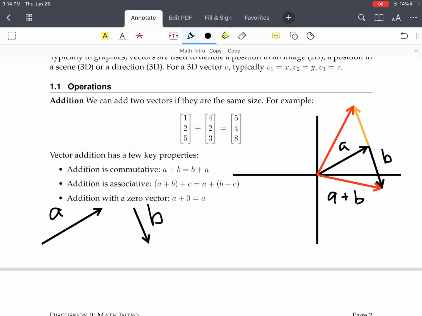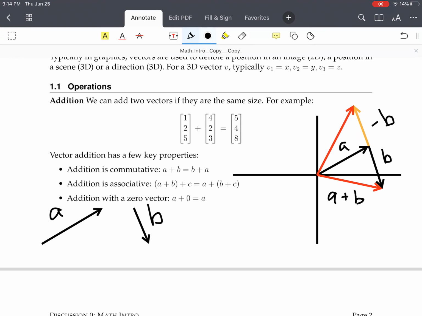Okay, and now we want to visualize subtraction also. If we think about it, A minus B is really the same thing as A plus minus B. So what we can do here, and that's this yellow vector, is negate each of the elements of B. So negate the x, negate the y, and we get minus B here in yellow.